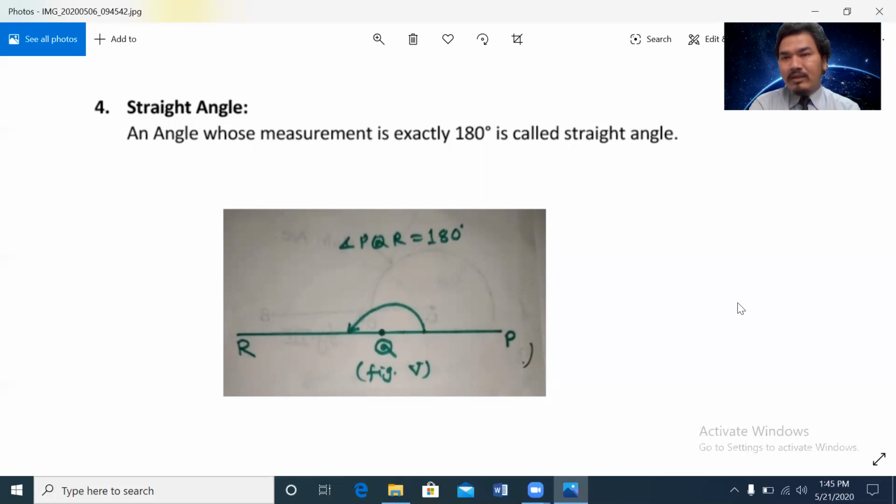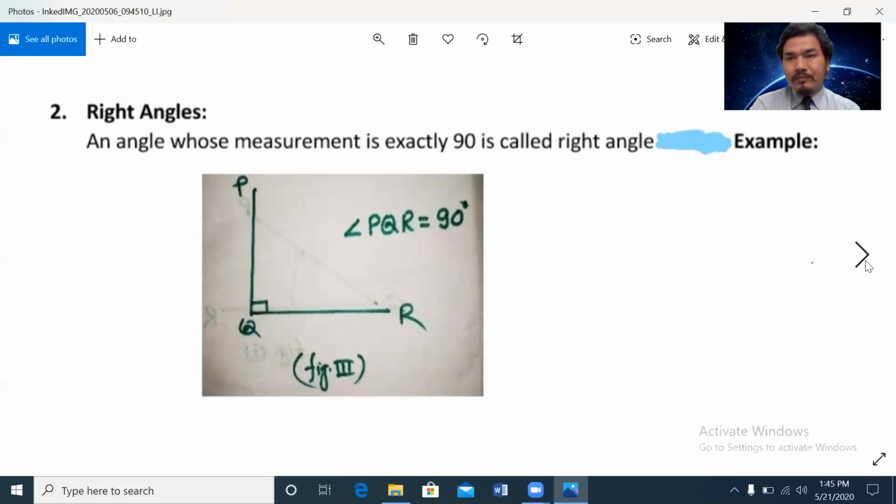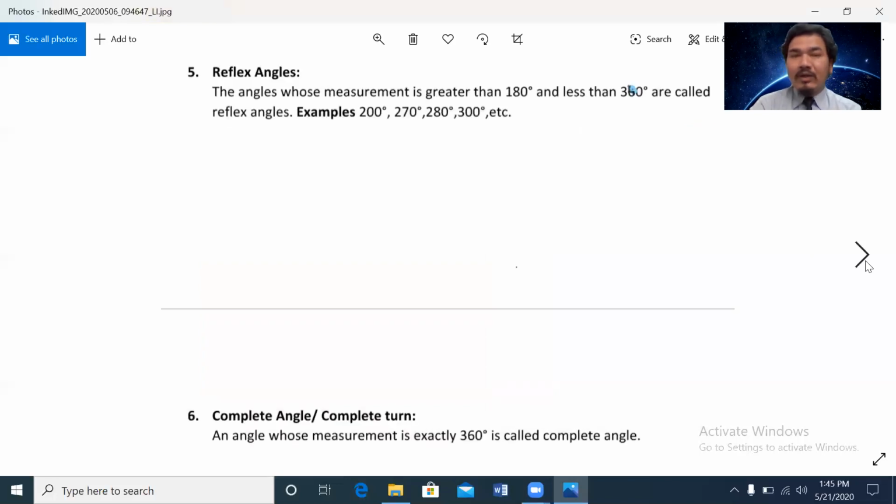Now let's move to the next type of angles, the reflex angle. What is the meaning of reflex angle? Let's see its definition. The angles whose measurement is greater than 180 degree and less than 360 degree are called reflex angles. Examples are 200 degree, 270 degree, 280 degree, 300 degree.